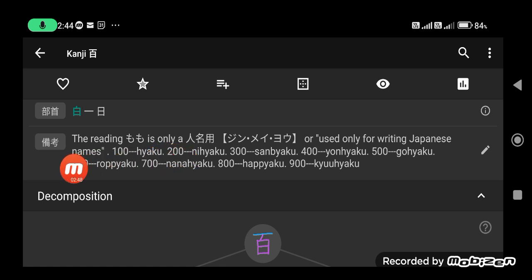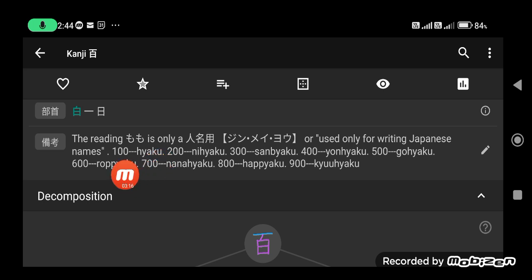Because in Japan, 98% of the time, names of persons are written in kanji. So jinmeiyo, just like here, momo. You only use the kunyomi momo for the 100 if you are dealing with jinmeiyo, using the hyaku for the purpose of indicating a name of a person.